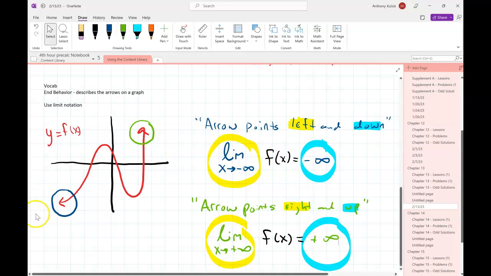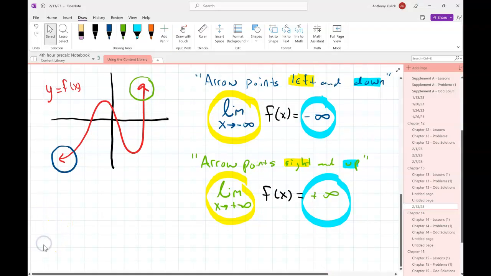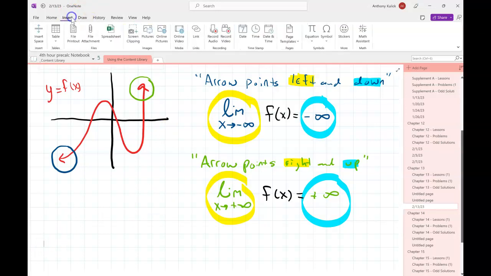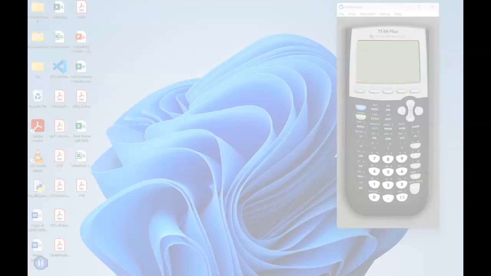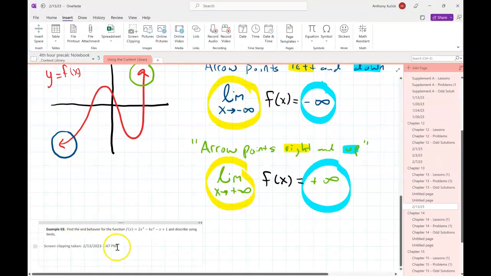Now, is that the only way that I can figure out a limit notation? No, I could generate a table as well.